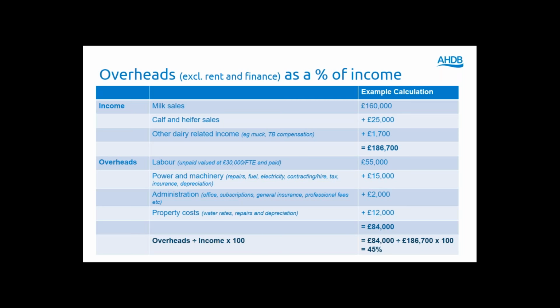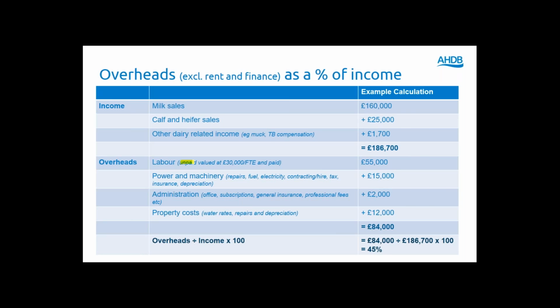Mark, where does personal drawings come into overheads? No, no. So what we do to standardise it, we value the unpaid labour at £30,000 per full-time employed person. So that's what we've got here. Let me just use this highlighter tool here.